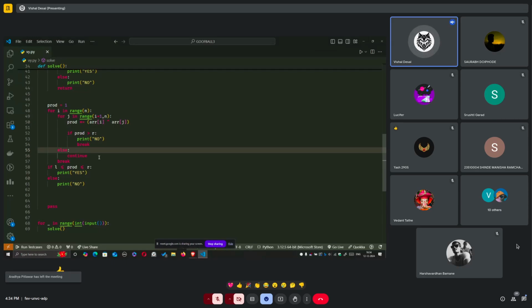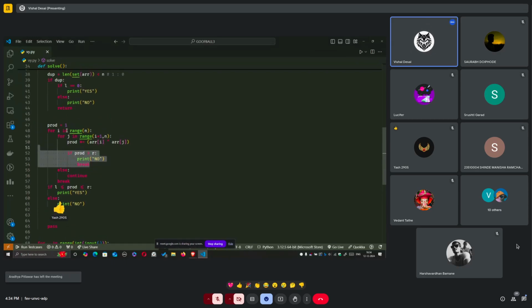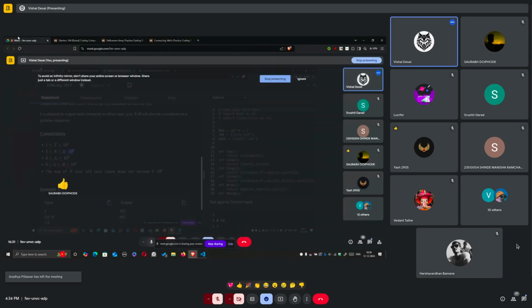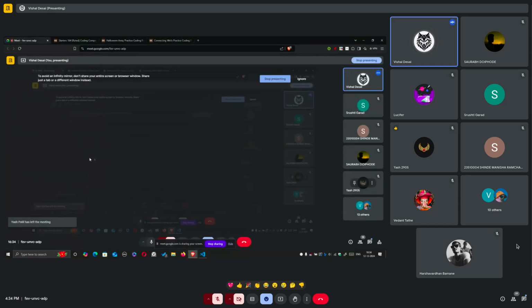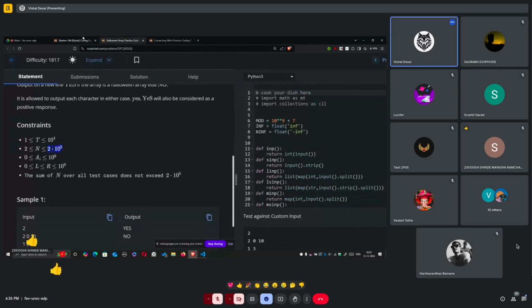You can implement this anyway, just put this condition and that's it. Okay, fine. Let's move on. Does anyone have any doubt till now? Any doubt? Okay, let's move on.